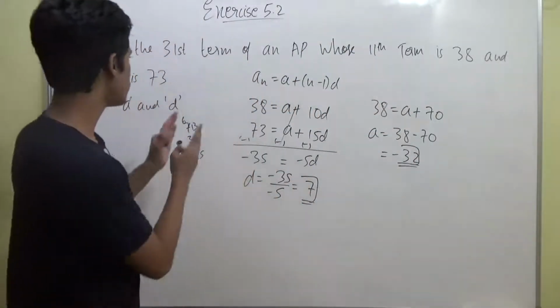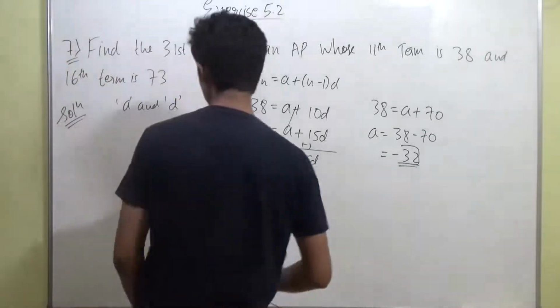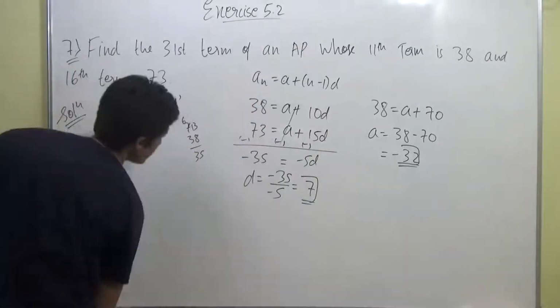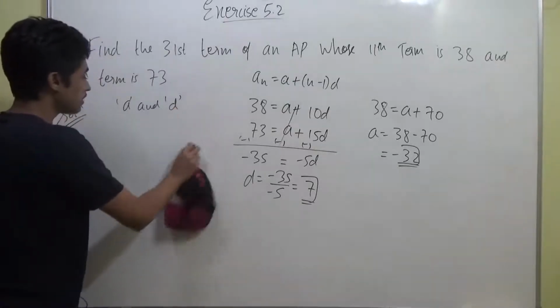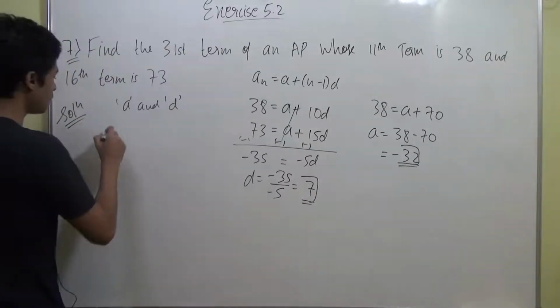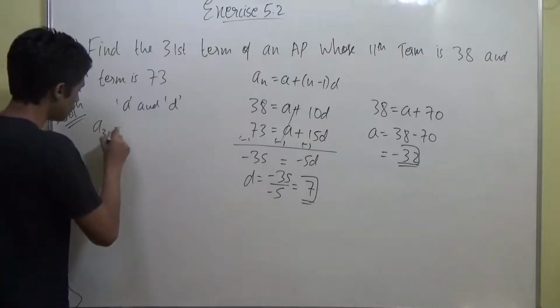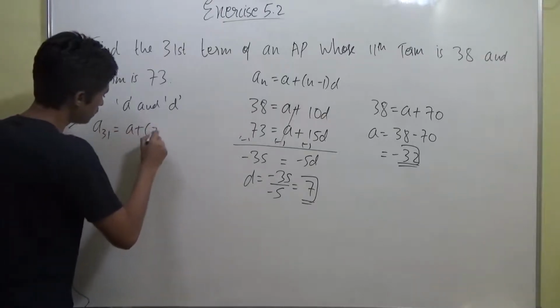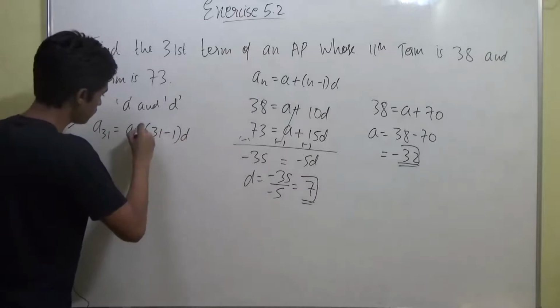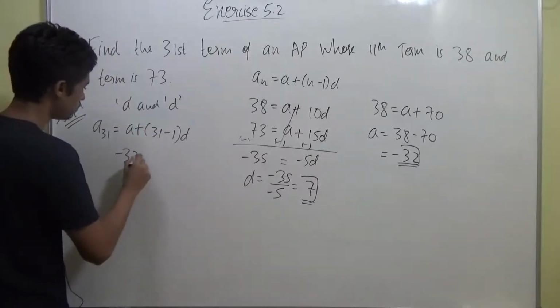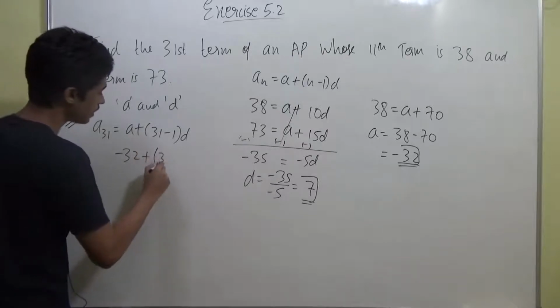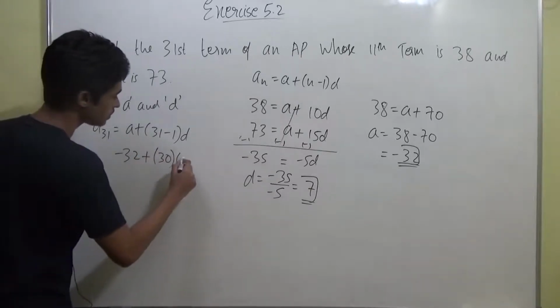Now it's not a big deal to find the 31st term. To find the 31st term, we'll just apply the formula a of 31 equal to a plus n minus 1, that is 31 minus 1, into d. So what is a? A we got as minus 32, plus 31 minus 1 is 30, and d is 7.